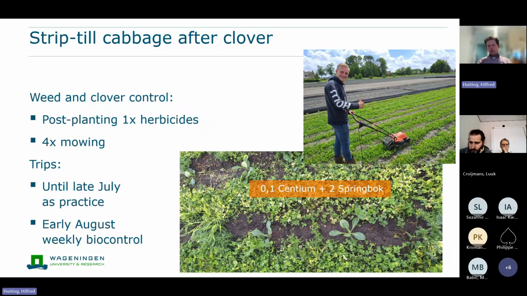And then we started a thrips control strategy with biocontrol starting early August, basically the period that the cabbage starts forming the heads, because we think that before that, in contrast, by the way, to what some growers say, thrips control is unnecessary, or you might say useless before that.